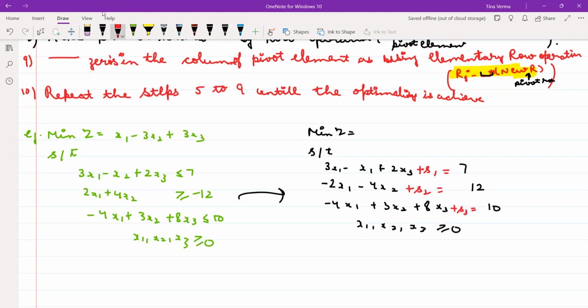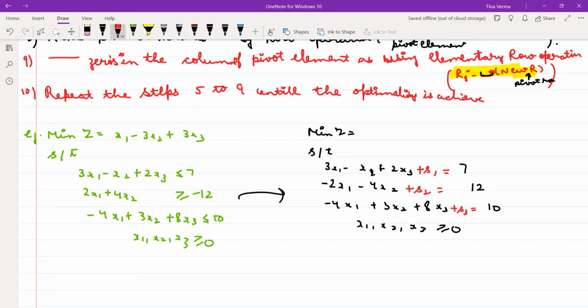And I have told you, you can apply your simplex method only if slack variable is added in every constraint.